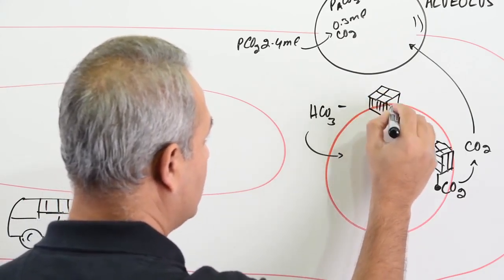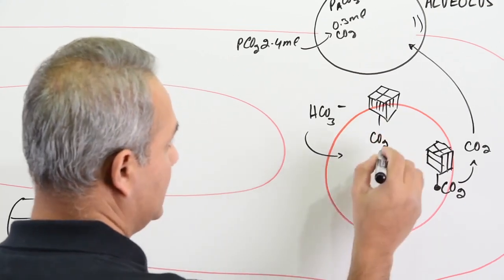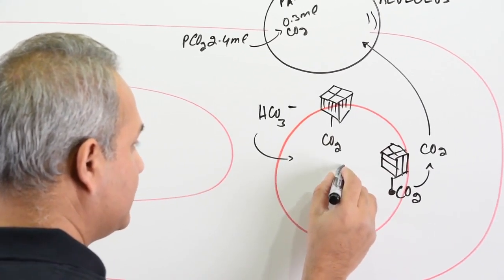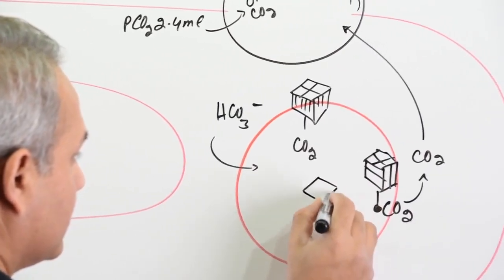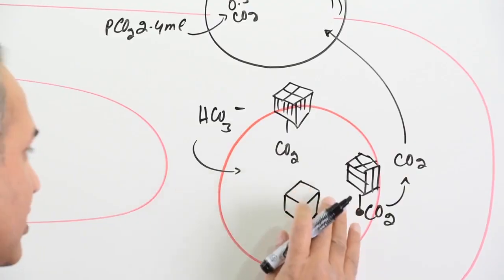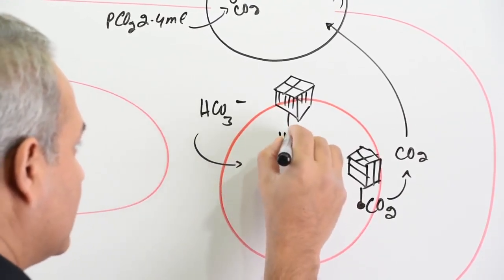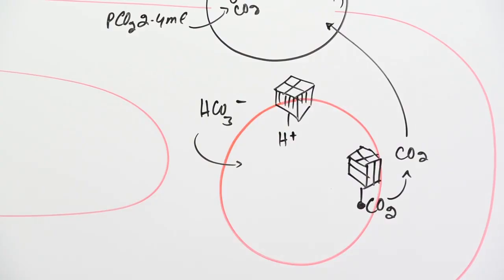Let's say that this hemoglobin has gotten the carbon dioxide attached to it. Let's make one more hemoglobin. So this hemoglobin we had already made. So this hemoglobin has hydrogen attached to it, right?